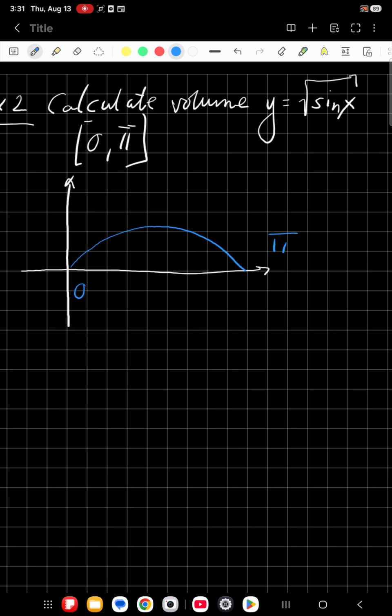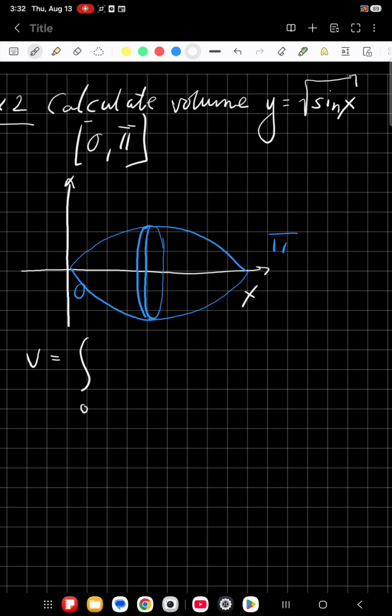And now we rotate this curve again about the x-axis, and we will get this shape, this, I don't know, football. And then again, the idea is we divide it into a bunch of those disks, an infinite number of them. Here's one of them.